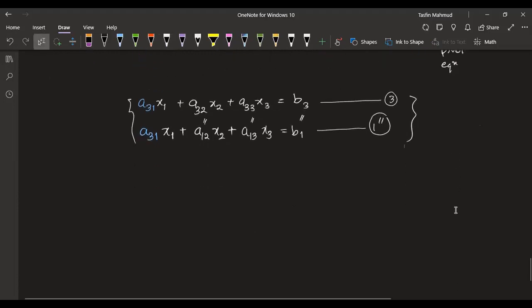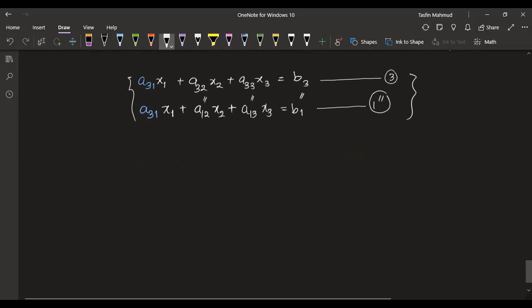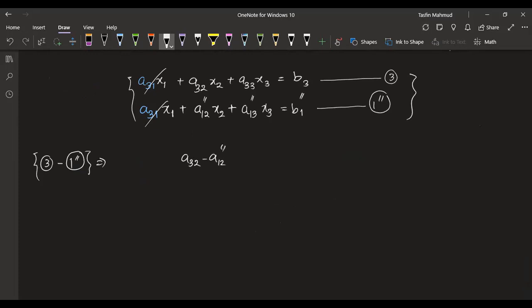So we are going to subtract the 1 double prime equation from equation 3. So if we do this, it would be cancelled out, and we will have A32 minus A12 double prime x2, and we have A33 minus A13 double prime x3 equals B3 minus B1 double prime.